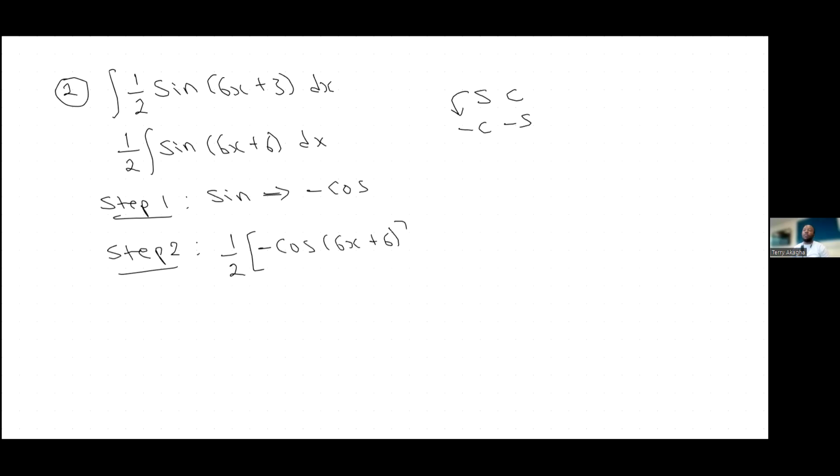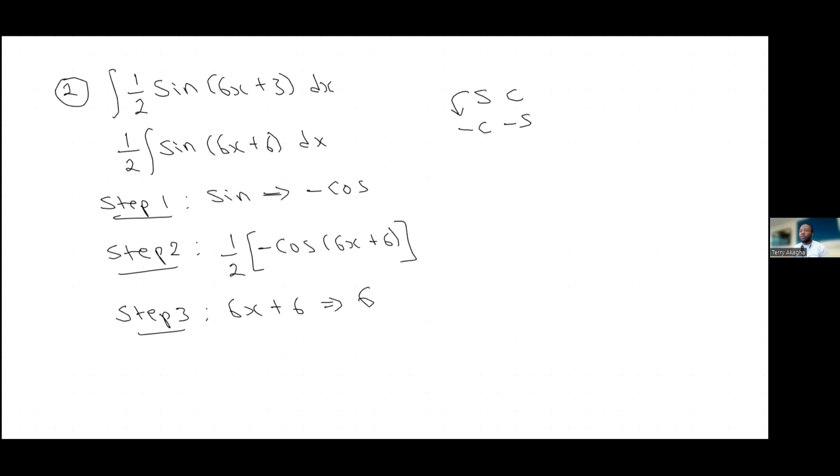So we've replaced the trig function there. Now step 3, we have to differentiate the variable in the bracket, which is 6x plus 6. When you differentiate 6x, it will give us 6. When you differentiate this 6, it's going to give us 0. So when you differentiate 6x plus 6, it's going to give us 6.